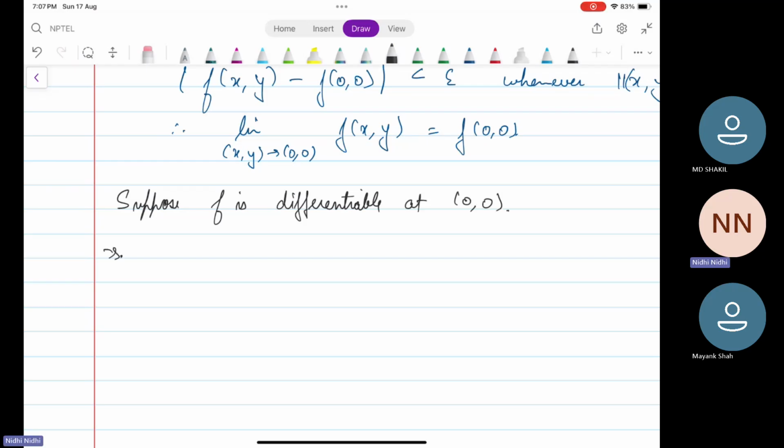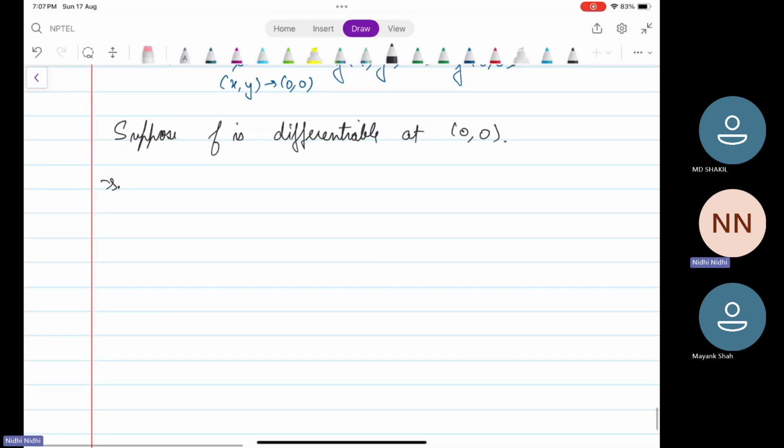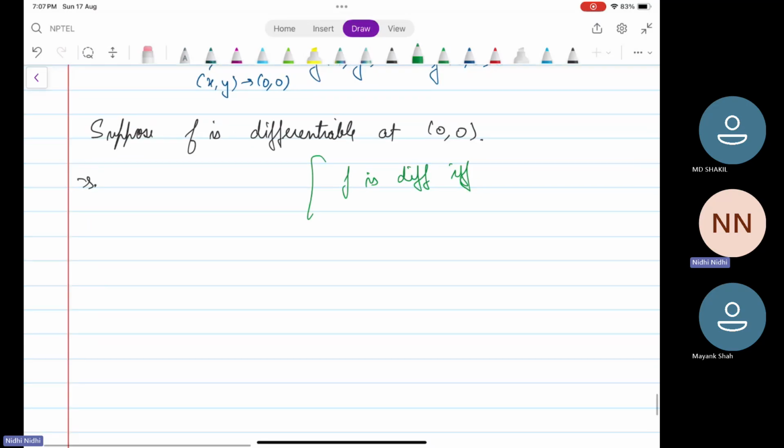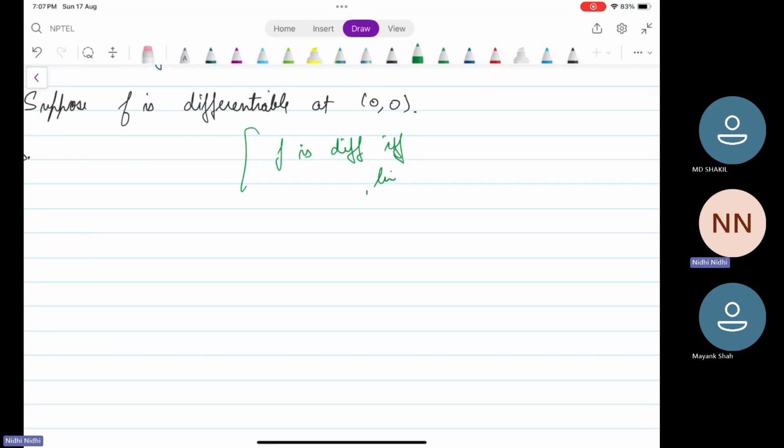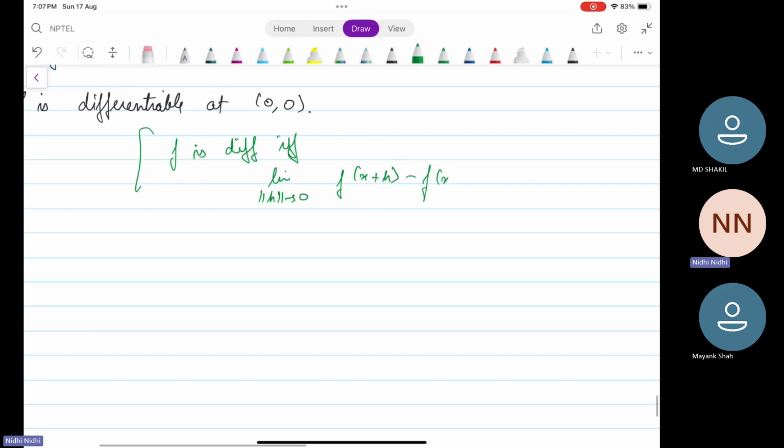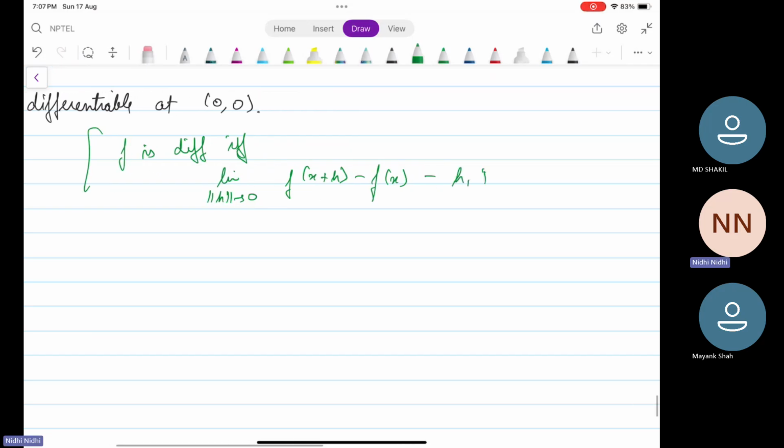In terms of directional derivatives, we know that f is differentiable if and only if the limit as norm h tends to 0 of f(x plus h) minus f(x) minus h1 times the directional derivative in the direction of x, because this is the case of R2.